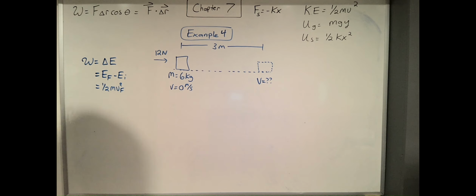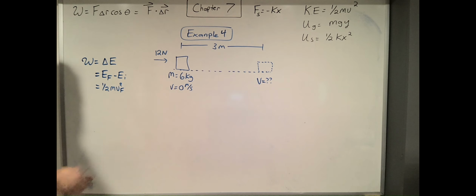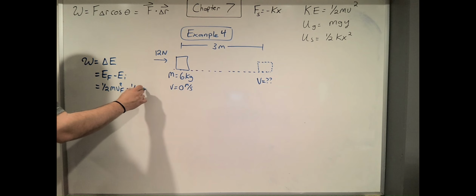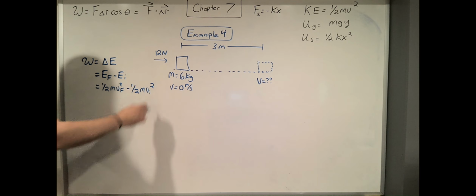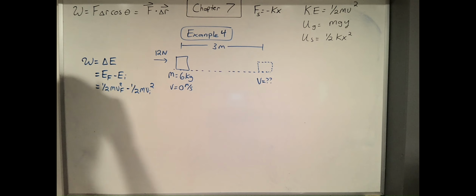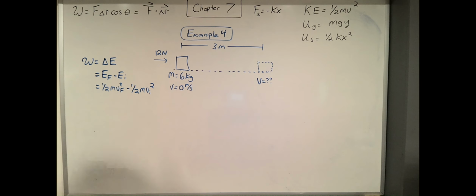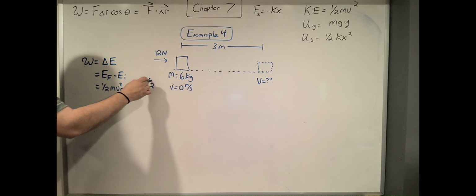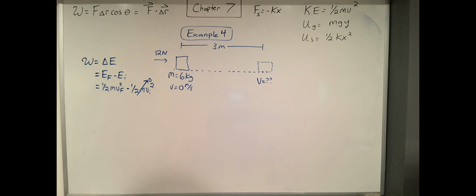So I'm going to have 1/2 m v final squared minus 1/2 m v initial squared. Okay, but what is v initial? Well, the box is at rest, so I know this is going to be 0. This whole thing is going to zero out. So that leaves me with work is equal to 1/2 m v final squared.